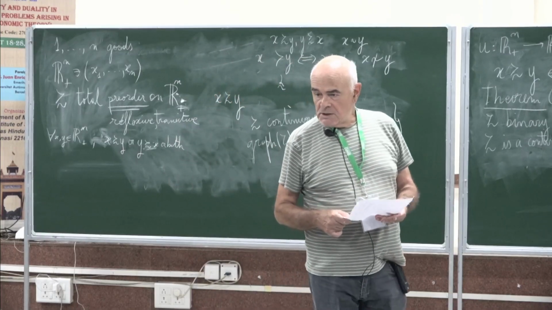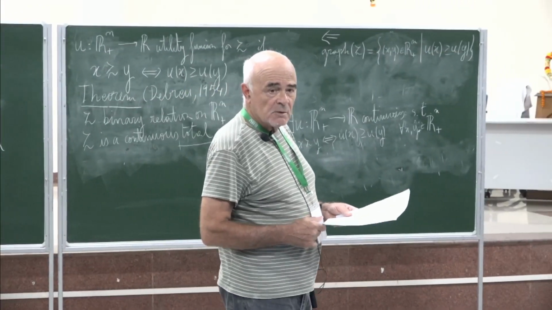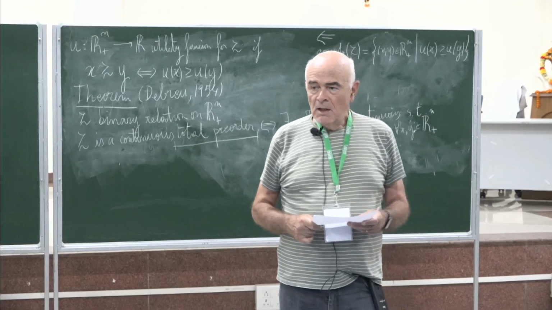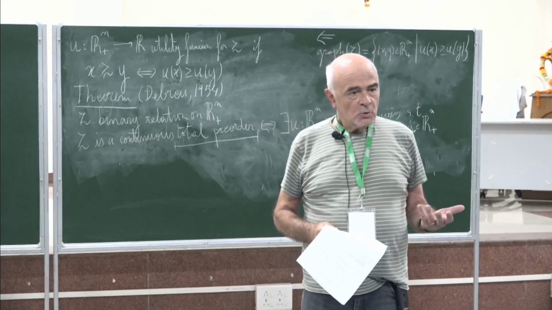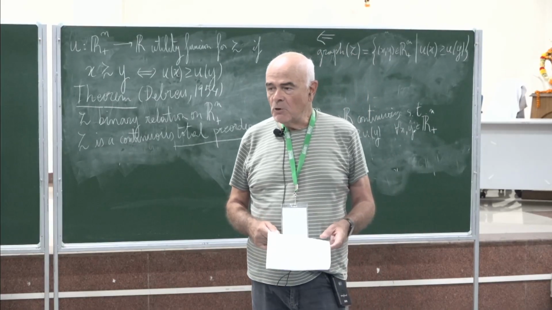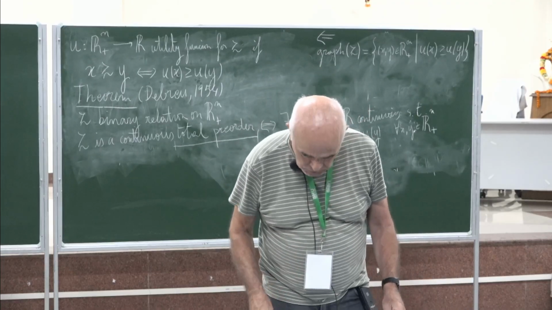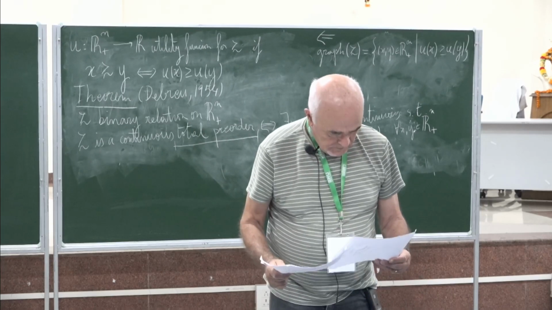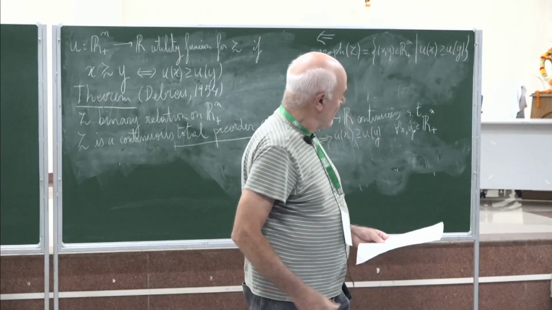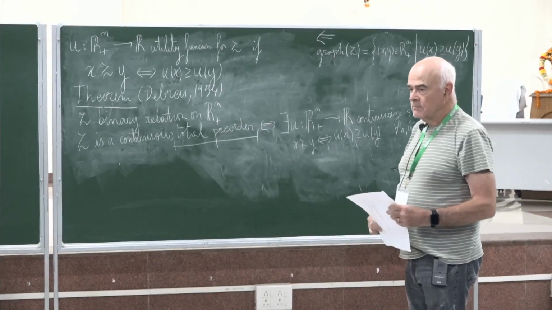You want to see an example? Have you ever heard about a total order relation which is not representable by any utility function? You are going to see it immediately, if we still have time.